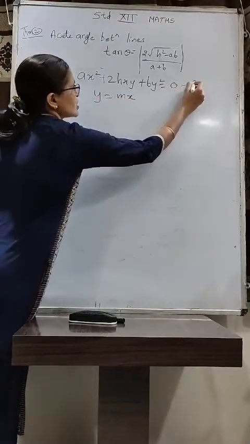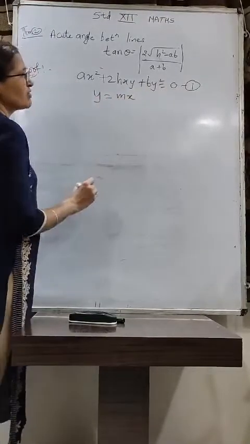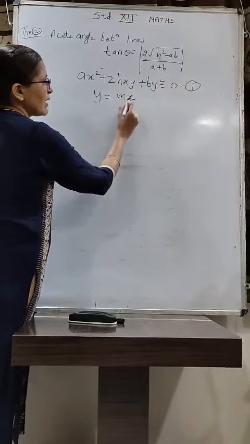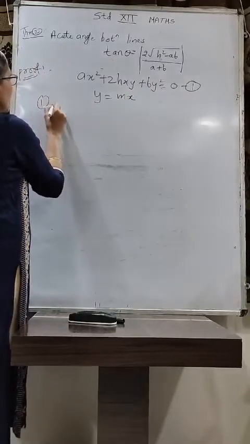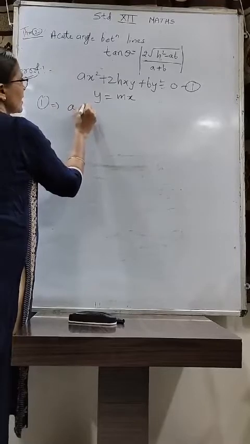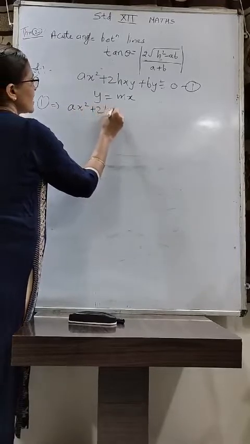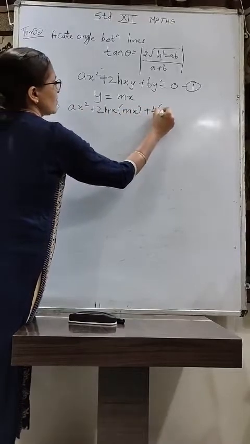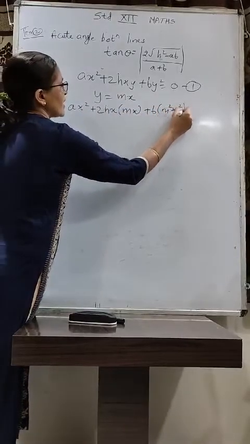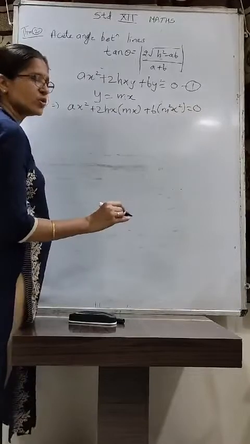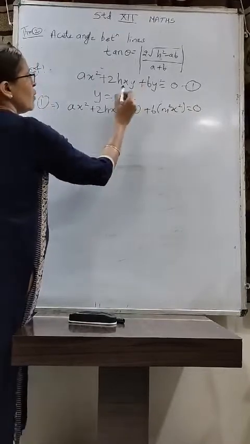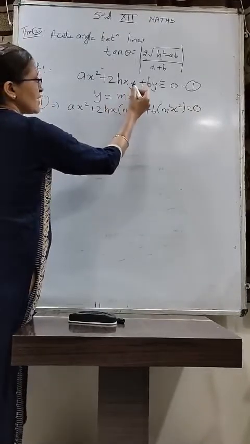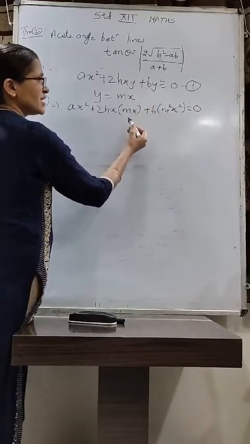So I say this is equation 1, and in equation 1 I will replace y by mx. So equation 1 implies ax square plus 2hx into mx plus b, y square means m square x square, and that is equal to 0. So in equation 1 y is replaced by mx because we have to convert this equation into the auxiliary equation.